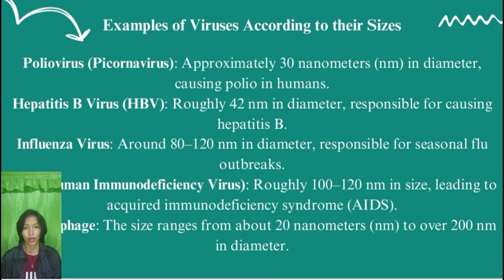HIV, or the human immunodeficiency virus, which is roughly 100 to 120 nanometers in size, leading to acquired immunodeficiency syndrome or AIDS. And the last one, the bacteriophage, the size ranges from about 20 nanometers to over 200 nanometers in diameter.